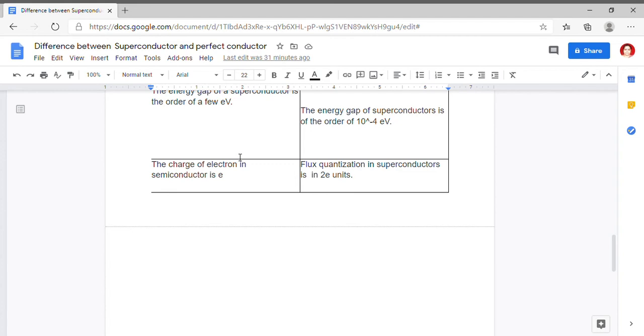Whereas in superconductors, this energy gap is of the order of 10 raised to power minus 4 electron volt. In semiconductor, the charge of electron is e, whereas in superconductor, according to flux quantization, the charge must be in terms of 2e.